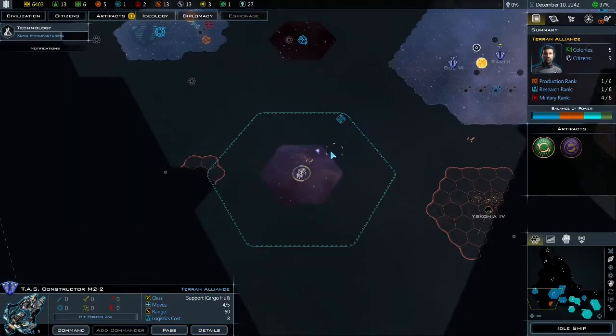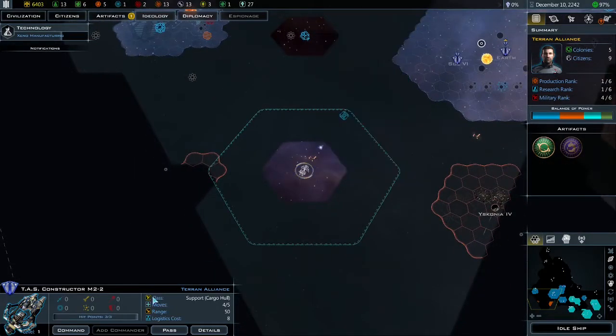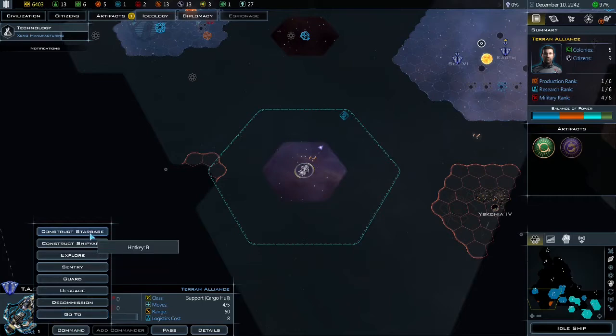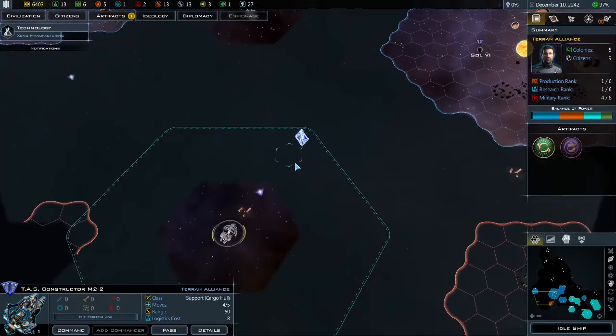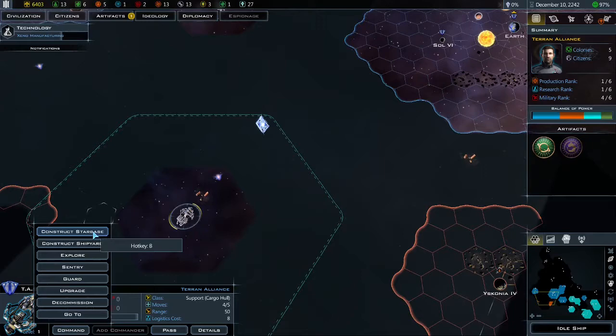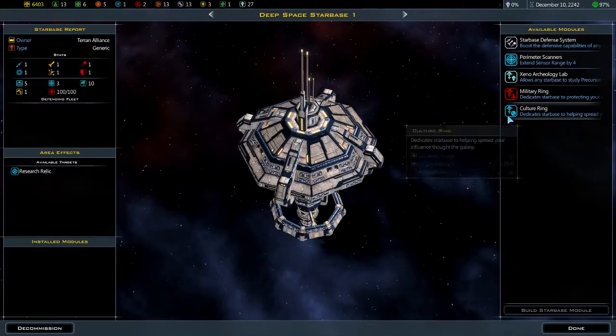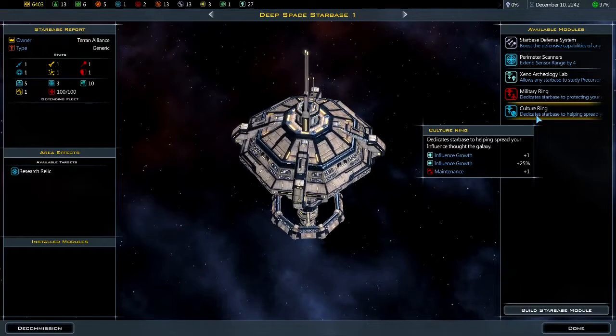And then another nice thing to keep in mind is you can always just construct starbases that will be cultural. I think they are called cultural starbases, and with that, you should be able to just construct a starbase, get a culture ring, and that will really increase your influence growth.